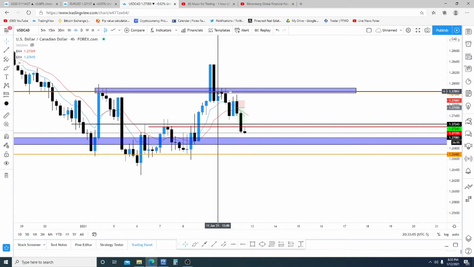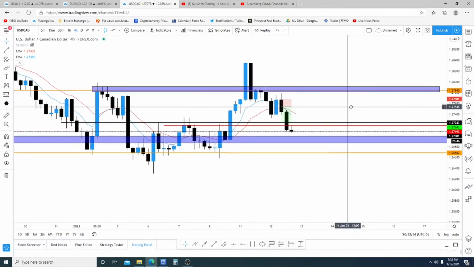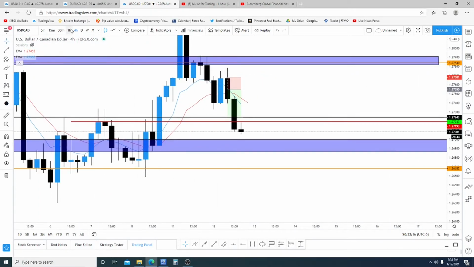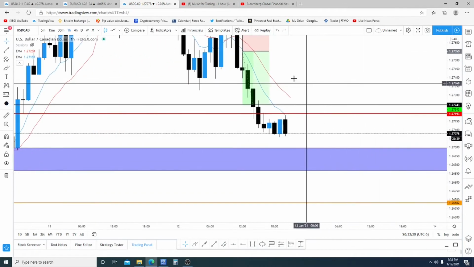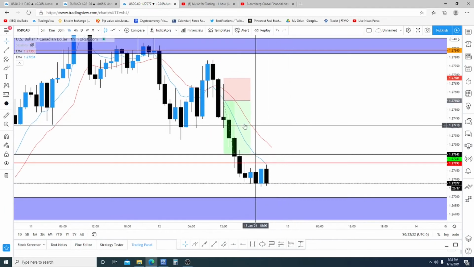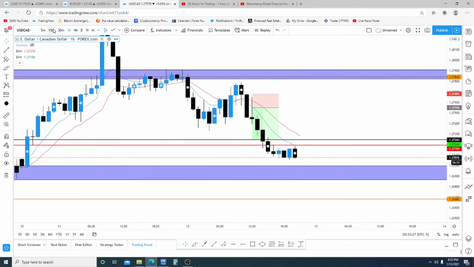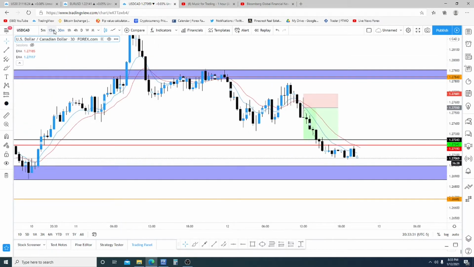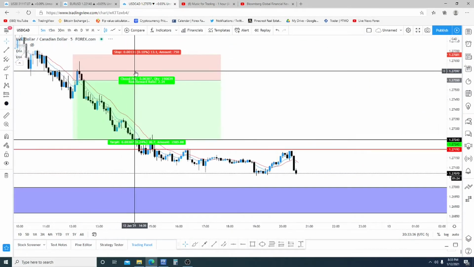After I saw that price held in this level, I was a little late, but I entered off the New York session, and that's how the trade continued going down. On the lower time frames, I mostly looked at 15 minute, and 5 minute was the time frame I entered.